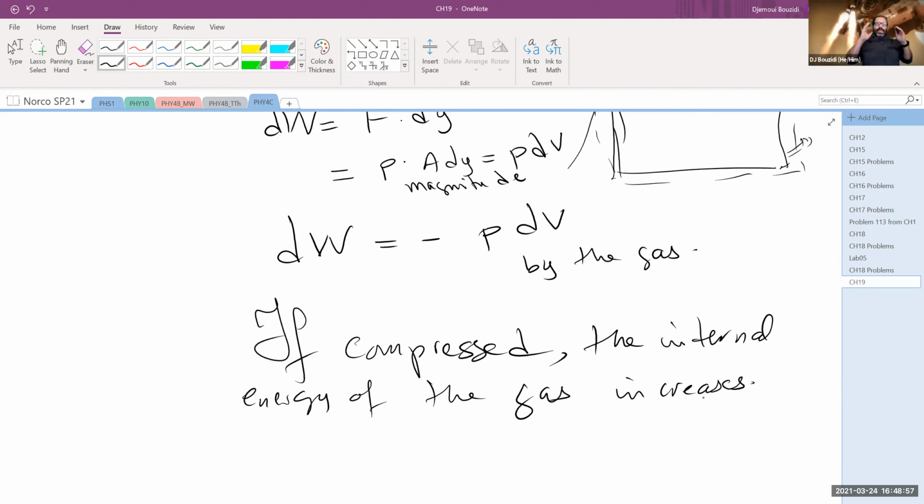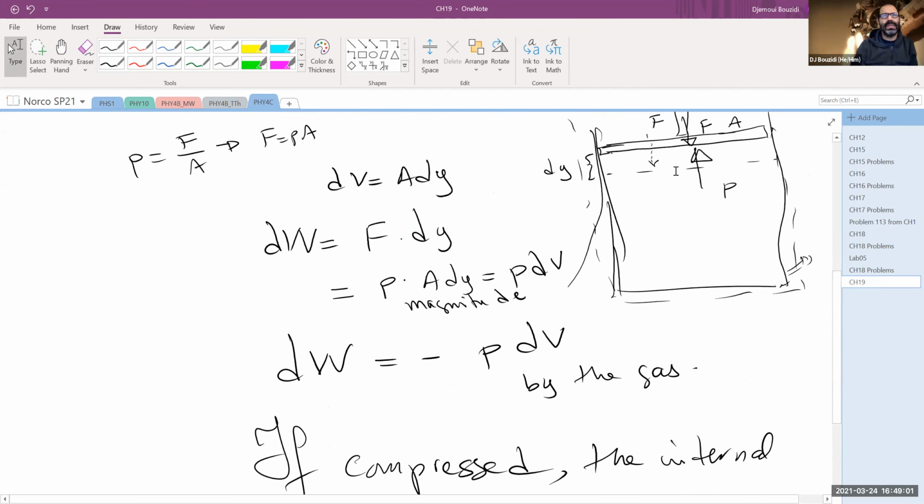Now, if the gas expands somehow, then it's going to lose energy because it's going to do work against the environment. Then it's going to have to come up with that energy somehow. And the only place that it has energy is internal energy.